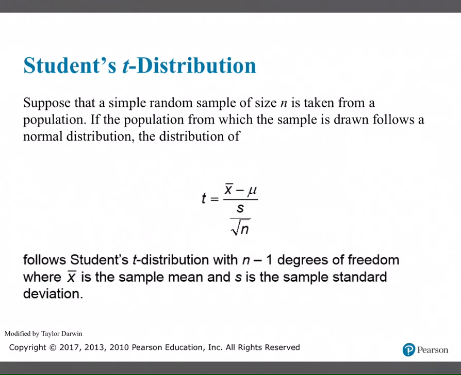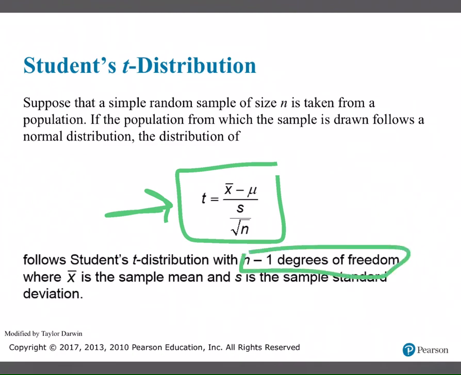Suppose a simple random sample of size n is taken from a population. If the population from which the sample is drawn follows a normal distribution, the distribution of, so that's your new formula, follows student T's distribution with n minus 1 degrees of freedom, where x bar is the sample mean and S is the standard deviation.